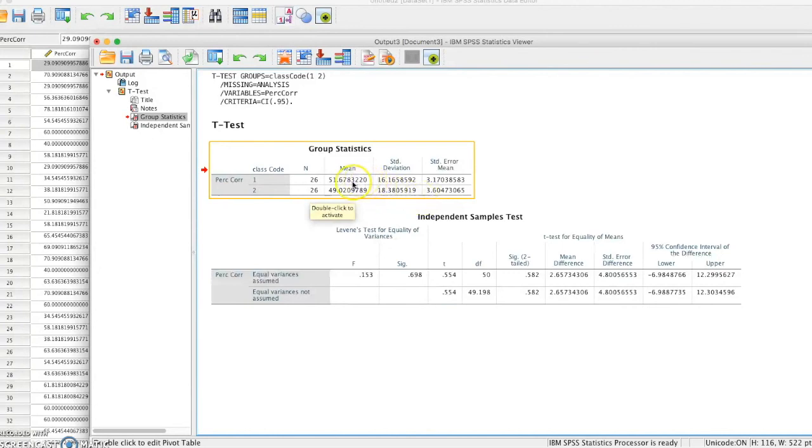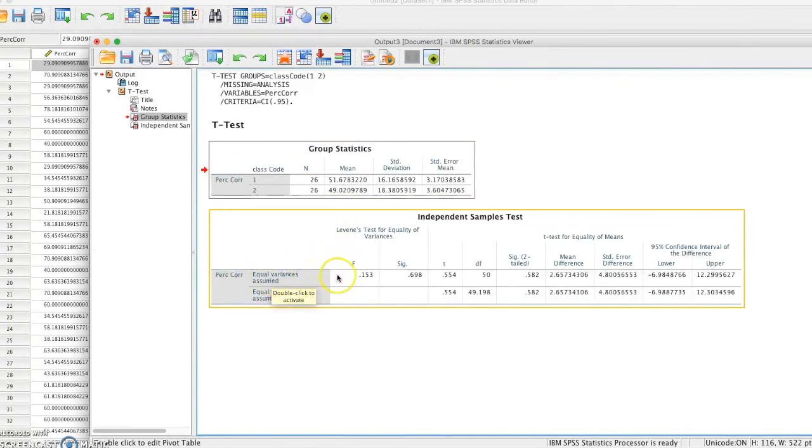Now most people could look at these two means, 51.6 and 49.0, and tell that those are different numbers. But the question we want to answer is, is that a significant difference? Is it statistically significant? And for that, we'll use the rest of this information that our output has given us. So we are going to read the top line of this test. And when we come over here, this significance, that is giving you your p-value.